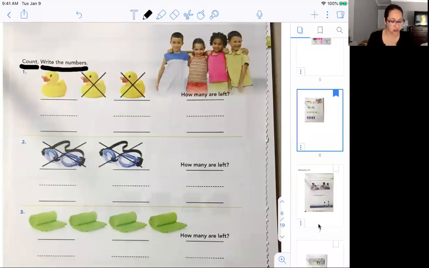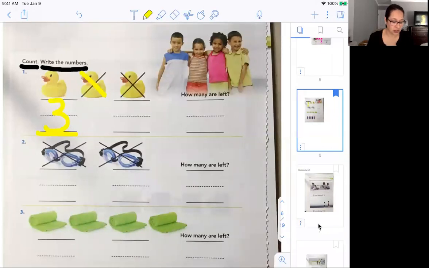Got it? So again, they want you to count all of the little duckies. You see the duckies all together. How many ducks do you see? 1, 2, 3. 3 here. That's on the first blank, right? Now look to see how many are crossed off, boys and girls. How many ducks do you see that are crossed off? 2.